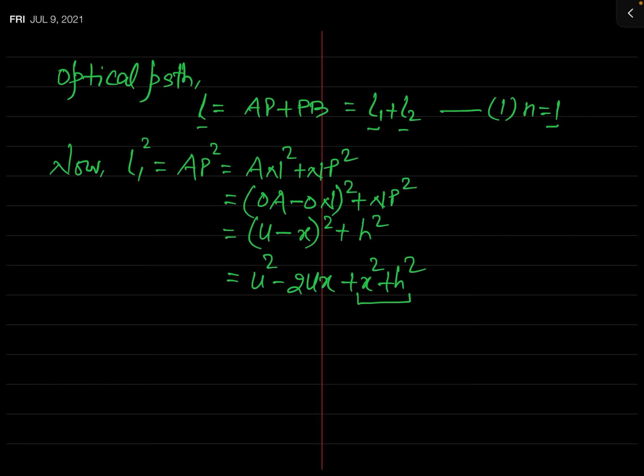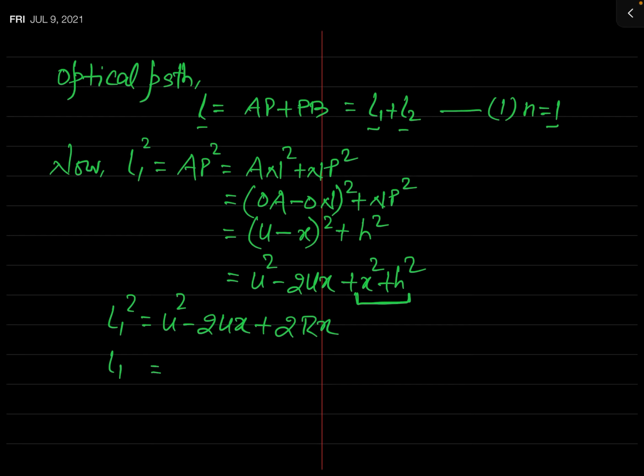So by substituting that value, you can see this L1 square will be equal to u square minus 2ux plus 2rx, because the sum of x square and h square is equal to 2rx. You have already seen this. It means here we have used the equation A. Now write the expression for L1.